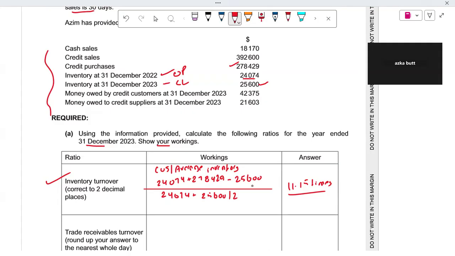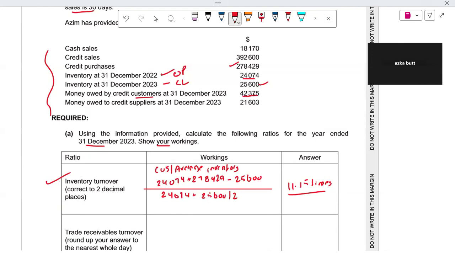Now let's see the trade receivable turnover. So for trade receivable turnover, we need to multiply, okay, money owed by current customers. So the trade receivables are this.